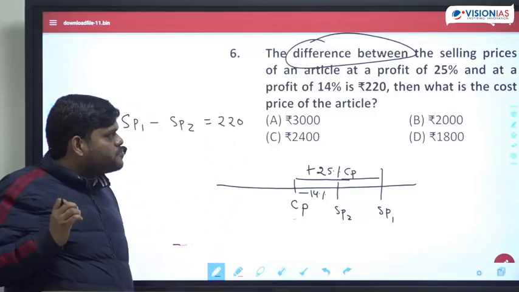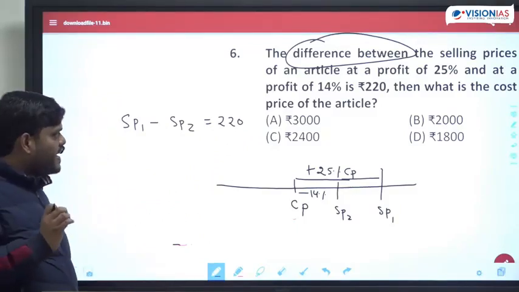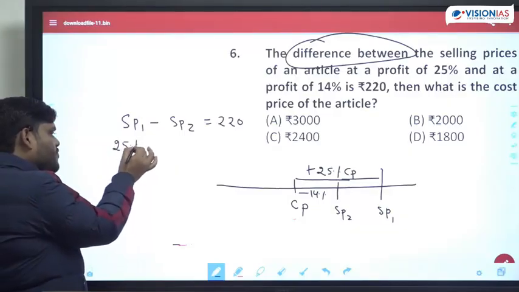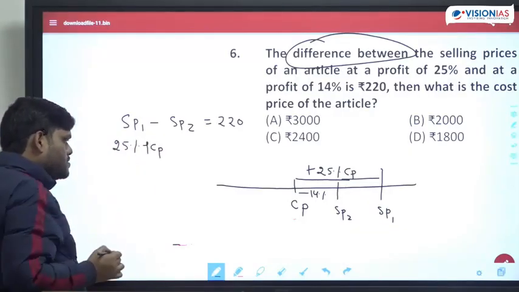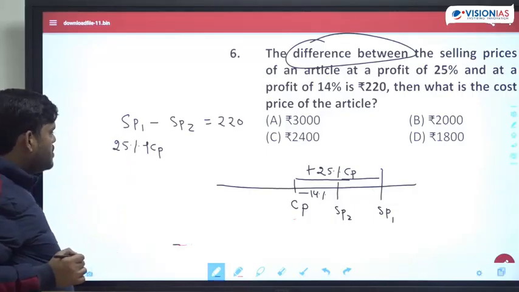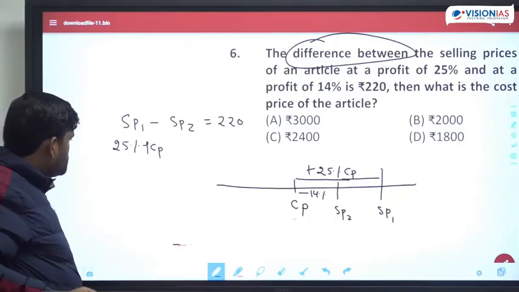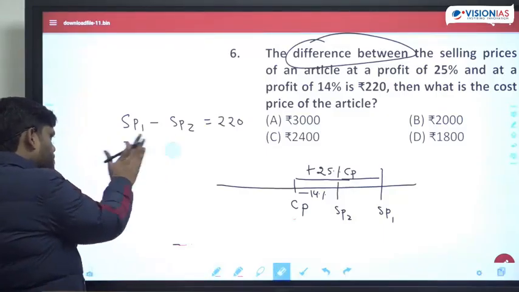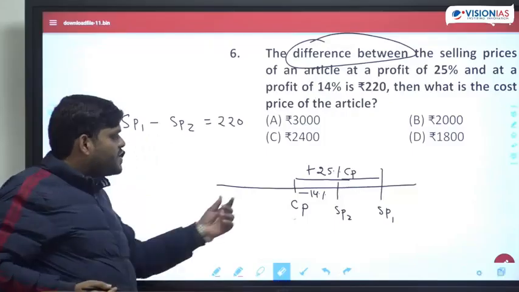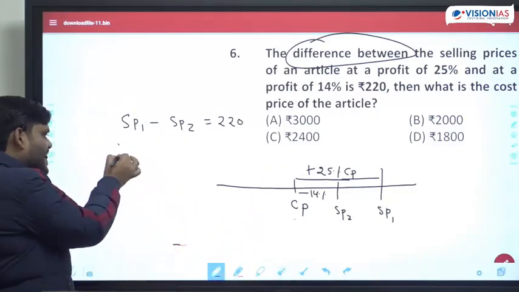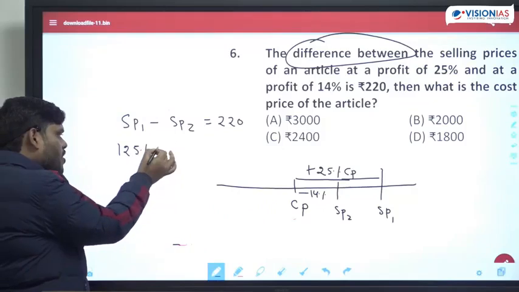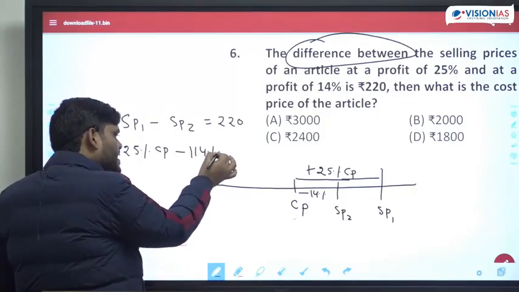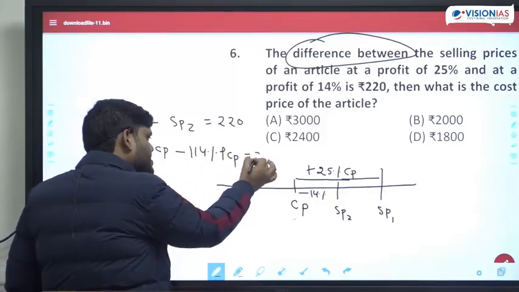SP1 is 125% of CP minus 114% of CP, and this is given as 220.